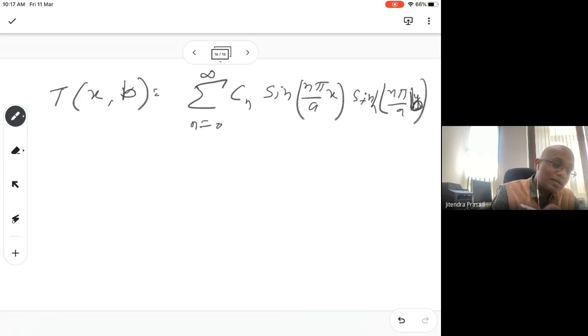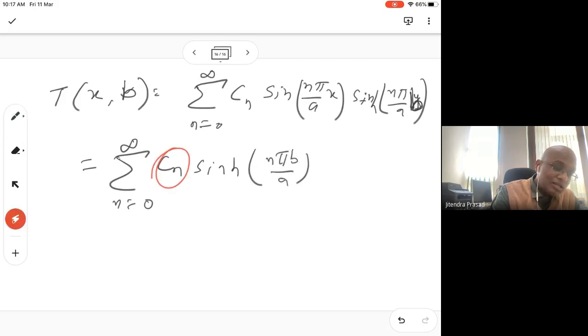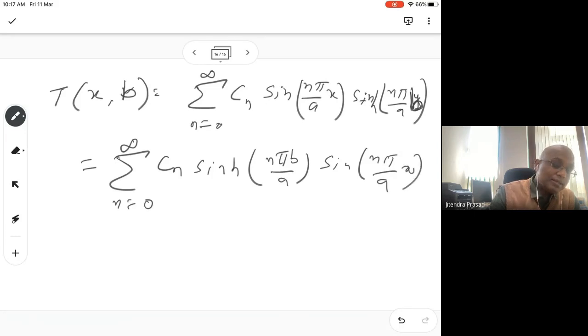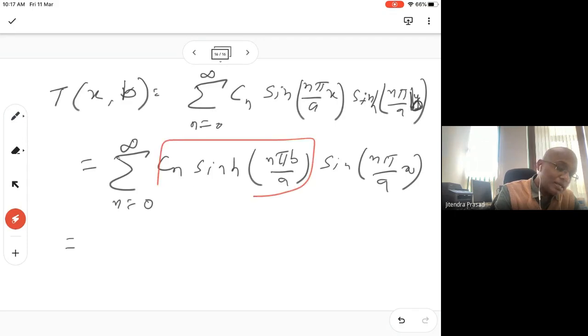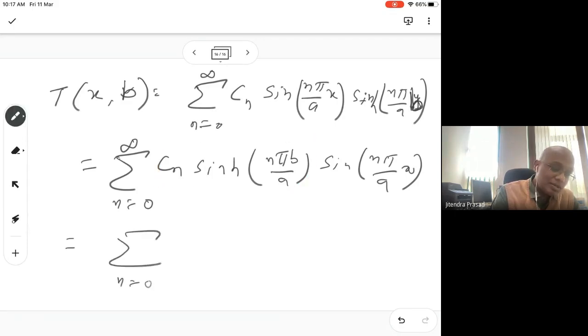Instead of y, we have b here, which gives summation cn sine hyperbolic n pi b over a. This is a constant, and then you have sine n pi over a x. Let's call this constant d. So basically we have summation n equal to 0 to infinity dn sine n pi x over a equal to x square.